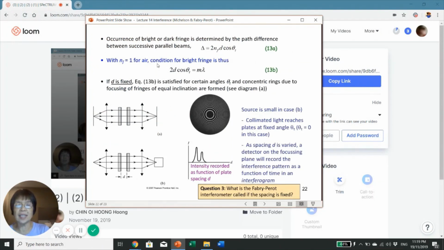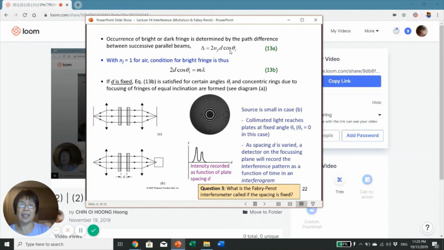Here is how the fringes look for a Fabry-Perot interferometer. Whether it's a dark or bright fringe will be determined by the path difference between successive parallel beams. And in this case, it is given by 2 nF d cosine theta t, where nF is the refractive index.